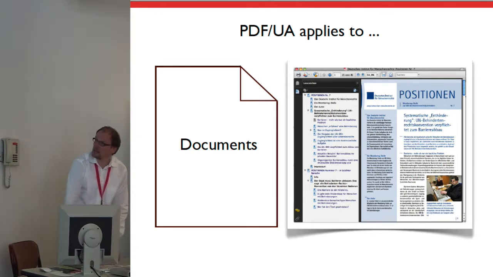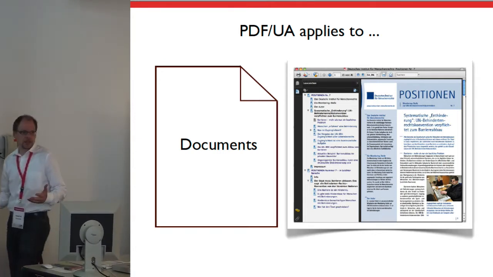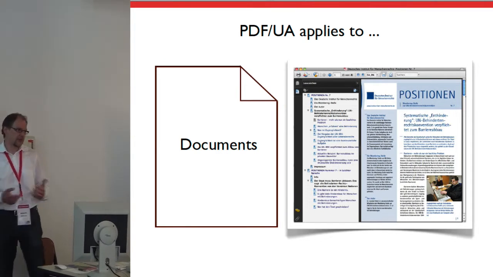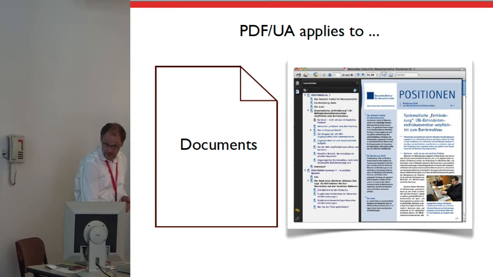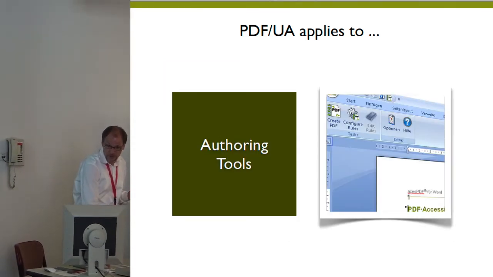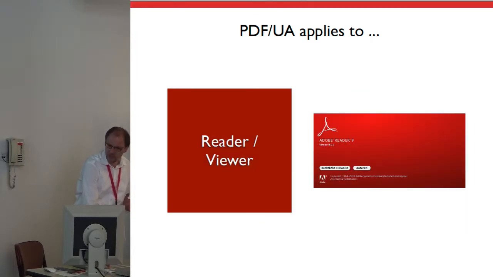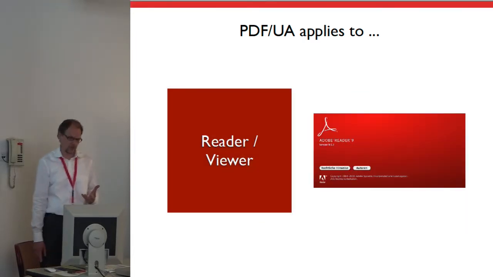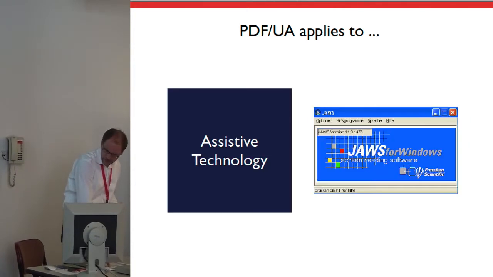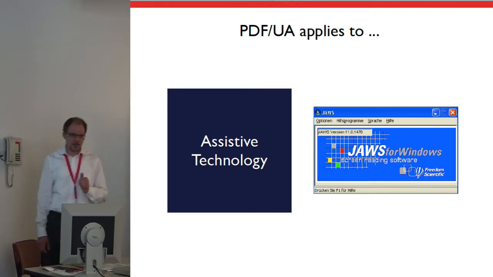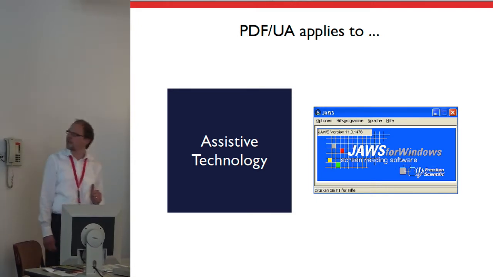And PDF UA applies surely to documents. So every document creator has to fulfill PDF UA, but it also applies to authoring tools like Word, like InDesign, or every authoring tool for the creation of accessible PDF, and it applies to readers and viewers, Adobe Reader or special readers, and even to assistive technology like a screen reader.